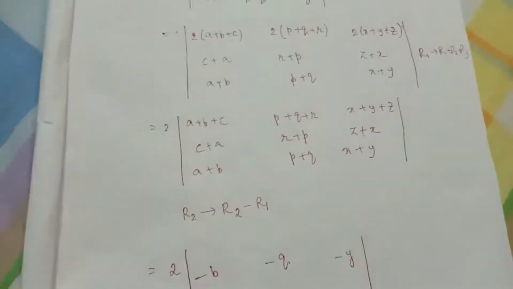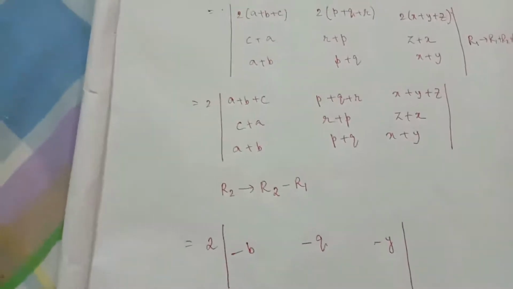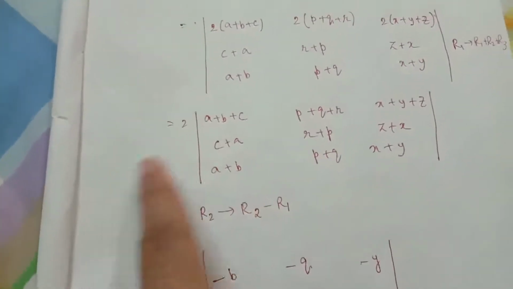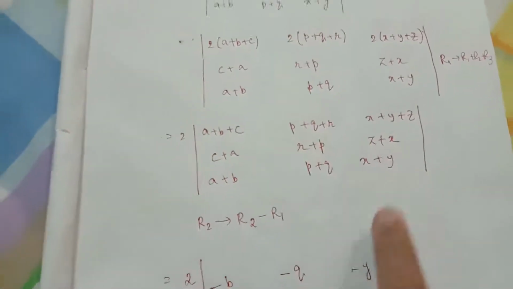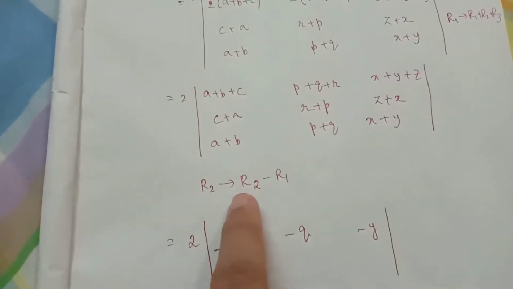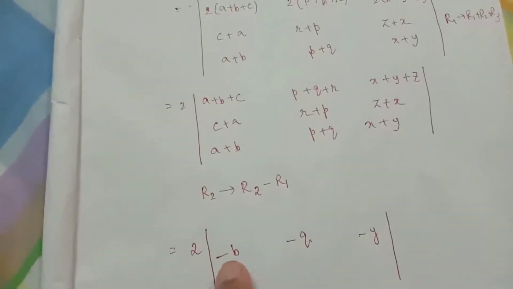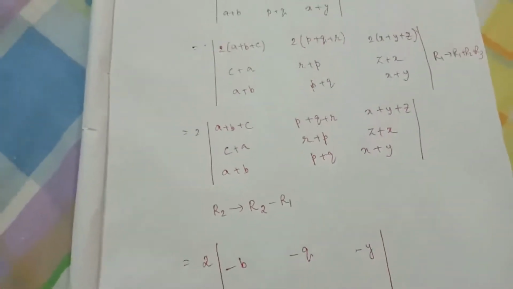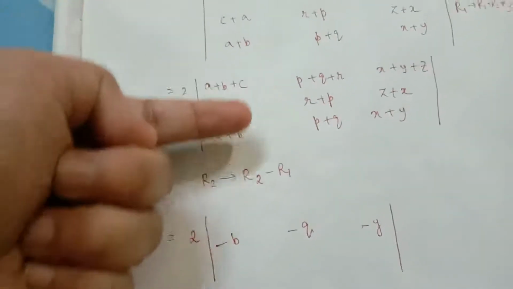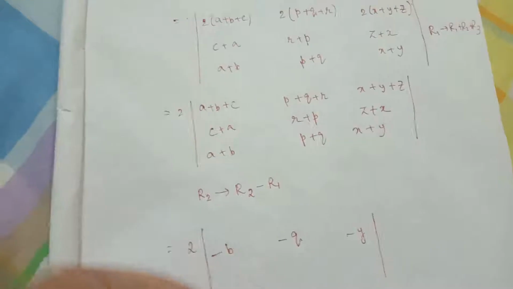Now in this new determinant, our R2 has changed. In this determinant, the second row is C plus A, R plus P, Z plus X, and in the new determinant, as we have replaced R2 by R2 minus R1, our R2 will change to this minus B, minus Q, minus Y, and R1 and R3 will be same as in this determinant.